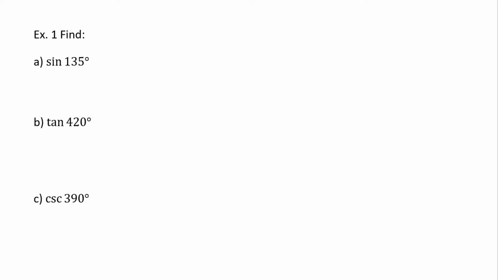Find A, the sine of 135 degrees. So we'll draw 135 degrees, which puts the terminal side in the second quadrant. And when we draw the parts, we know that after you go 135 degrees, you go back x, up y, and r is the hypotenuse.